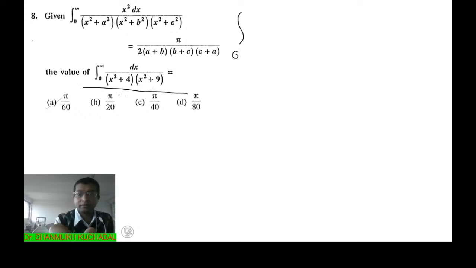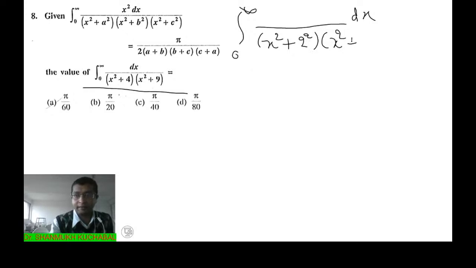So it is the integration from 0 to infinity. Here the numerator is x², so we write this first as it is, dx. x² plus 4 can be written as 2², and x² plus 9 can be written as 3². Further, one more factor we require, so we multiply by x², and to balance it we divide by x².